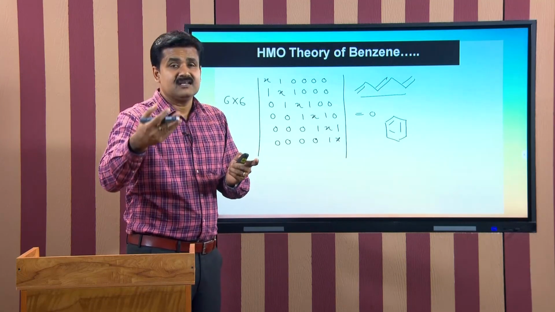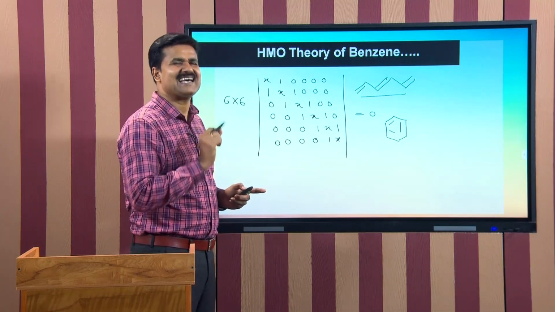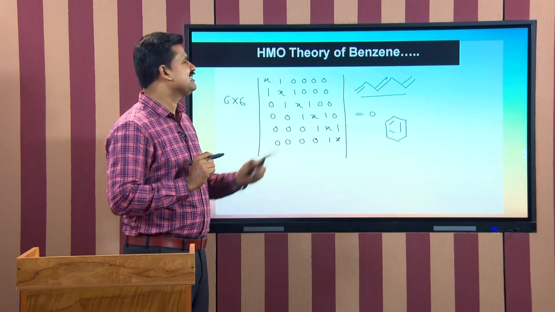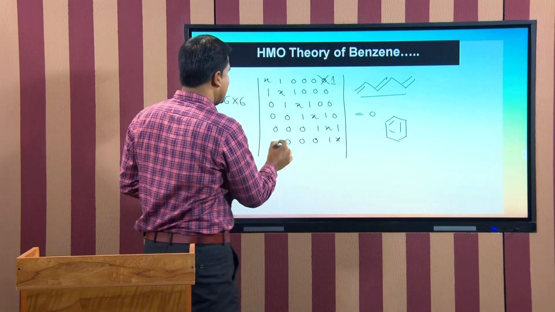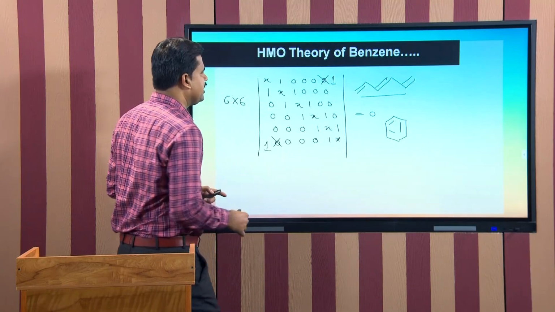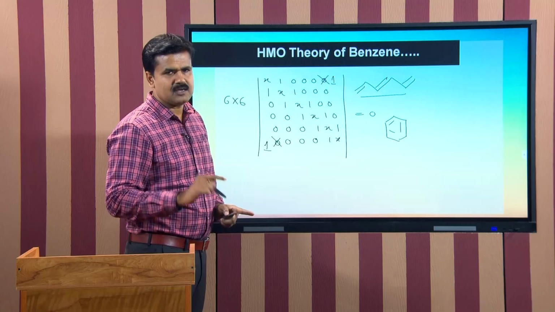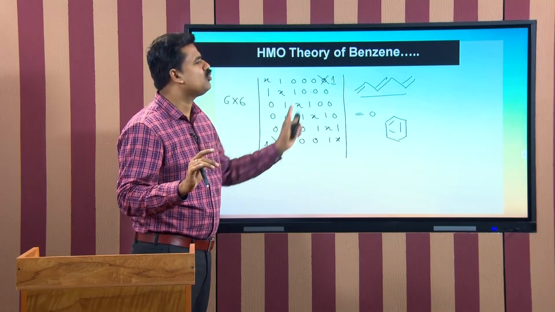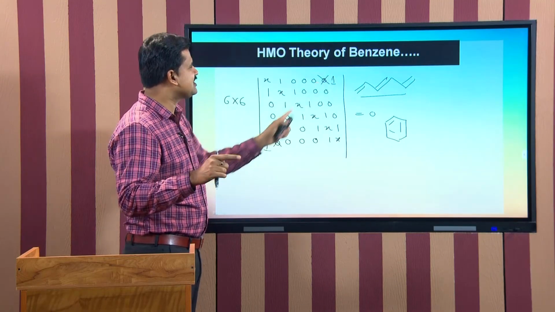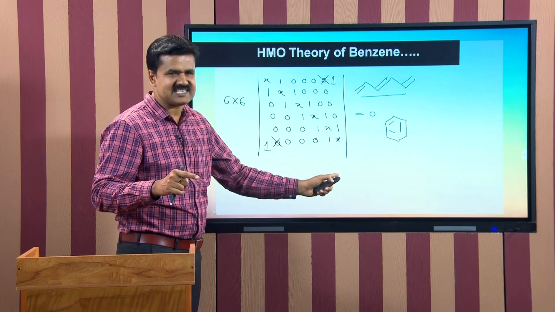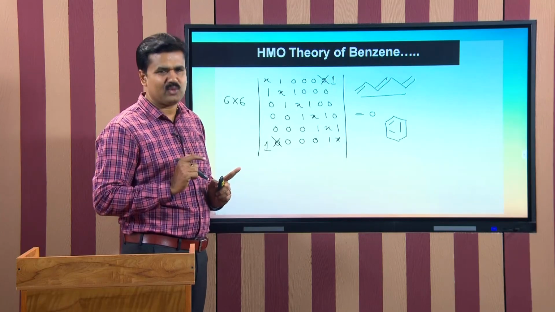When it is changed to a cyclic system like benzene, we have to make a small correction in this secular determinant. The correction is like this. Instead of this 0, I have to put 1, and instead of this 0, I have to put 1. That is, the terminal elements of the opposite diagonal must not be 0, they must be 1.